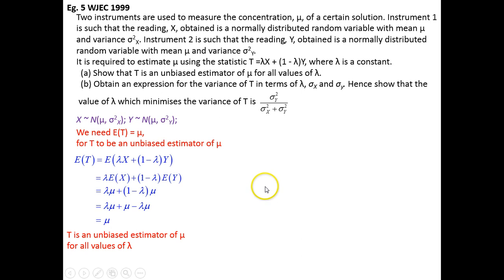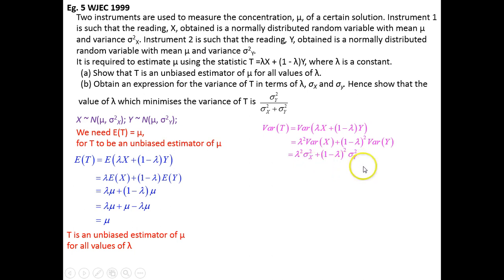because it's cancelled out. The variance of t is the variance of that combination. So we square the coefficients. So it's lambda squared times the variance of x plus (1 minus lambda) all squared times the variance of y. Variance of x is sigma x squared. Variance of y is sigma y squared.